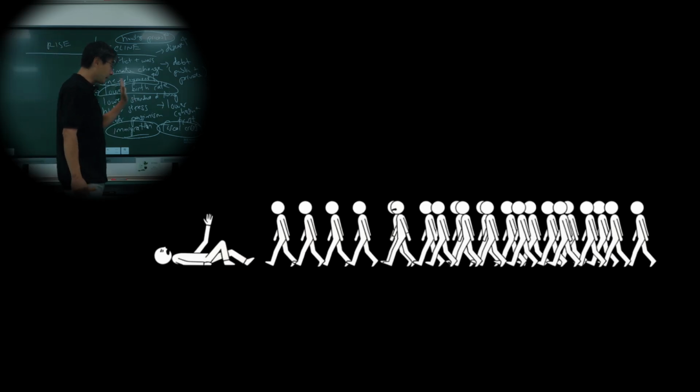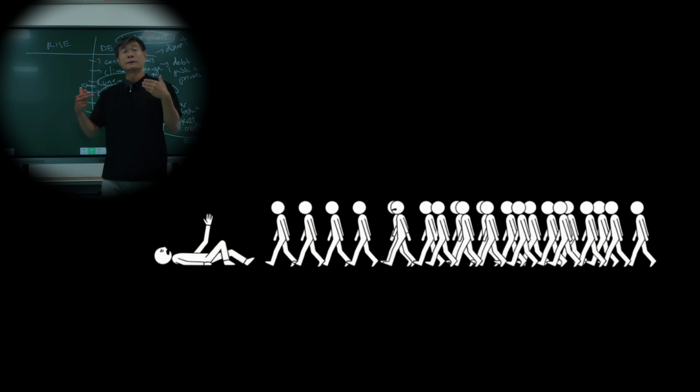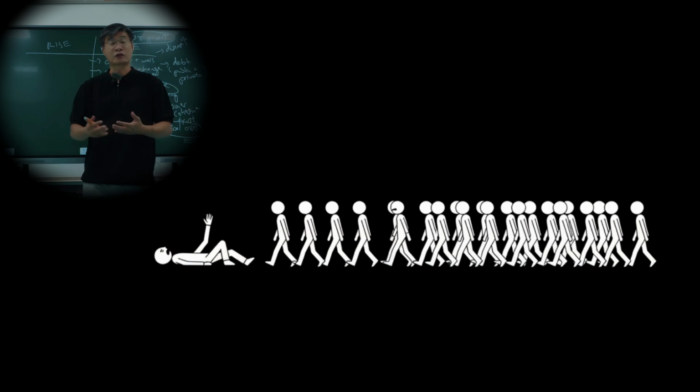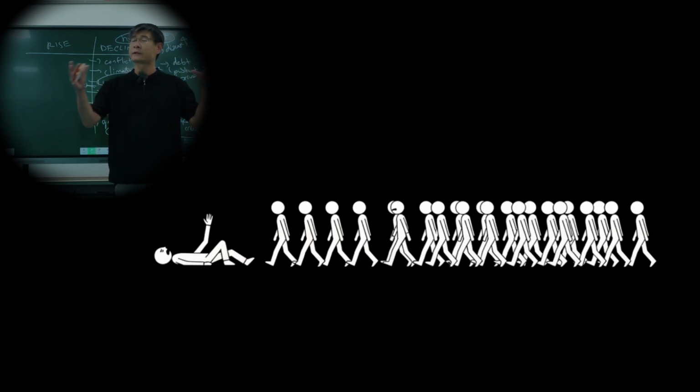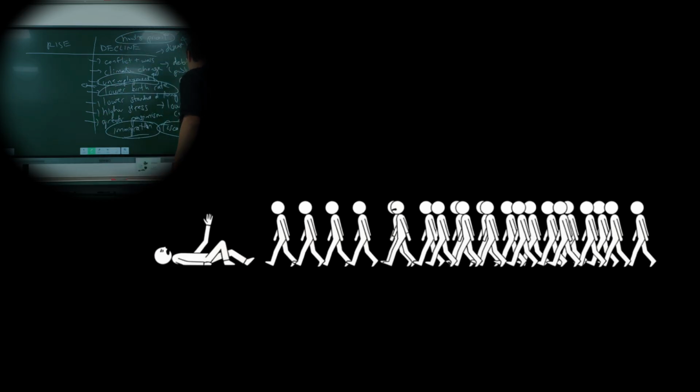All right, now having done this, what I'm going to do now is go over some theories as to why this is happening. Why is the world in decline? There are lots and lots of theories, but I will present 3 theories to you that I think are interesting.